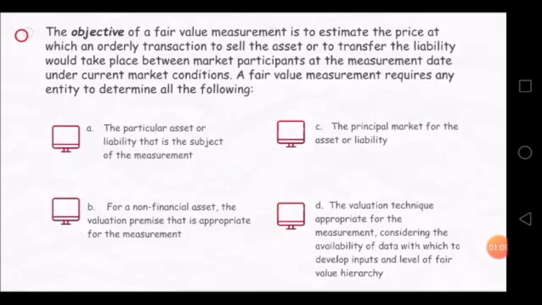A fair value measurement requires an entity to determine all the following: the particular asset or liability that is the subject of the measurement; for a non-financial asset, the valuation premise that is appropriate for the measurement; the principal market for the asset or liability; the valuation technique appropriate for the measurement, considering the availability of the data with which to develop inputs; and the level of the fair value hierarchy.